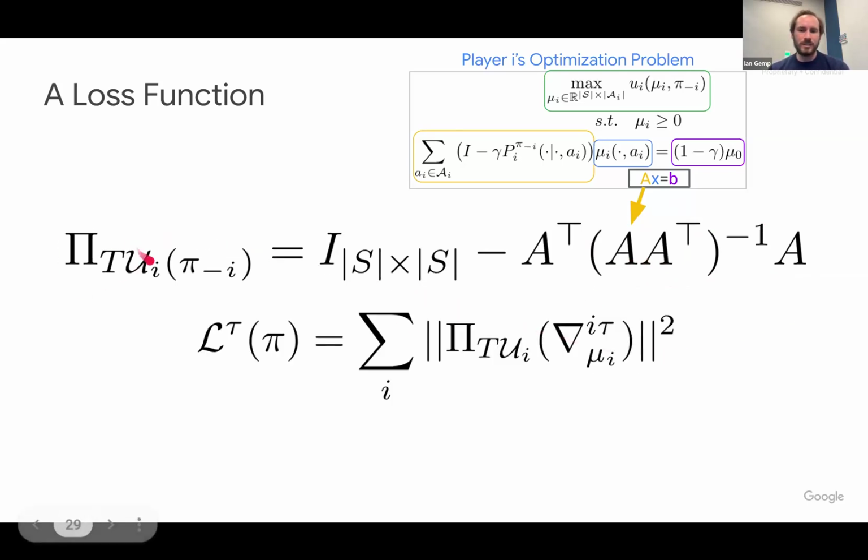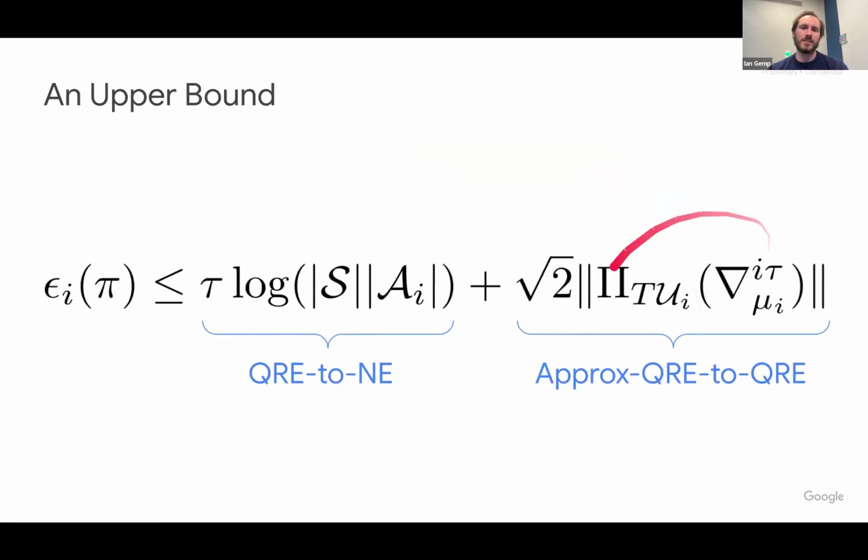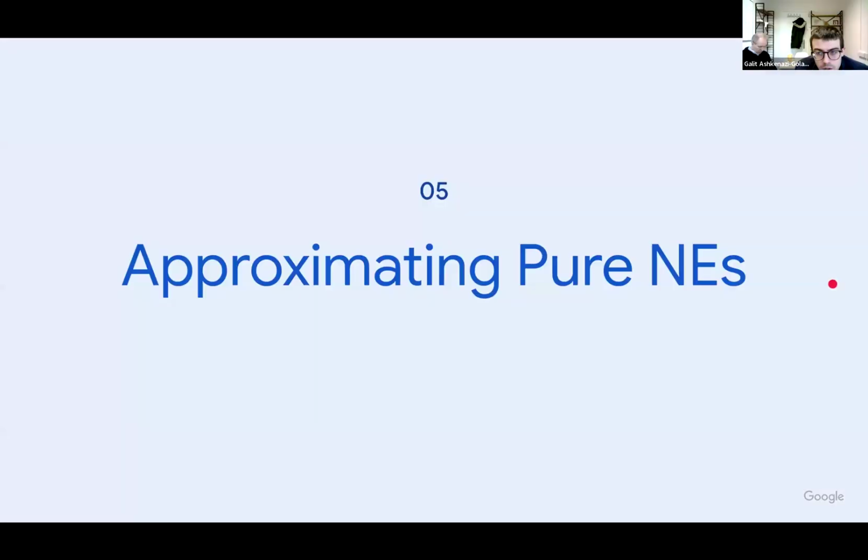But once you have this formula, a sensible loss function is just to minimize the sum of the squared norms of all the players' projected gradients. And that's because if all of these are 0, then we're only paying this. And if tau is very small and all of these are 0, then we have a very good approximation to a Nash equilibrium.